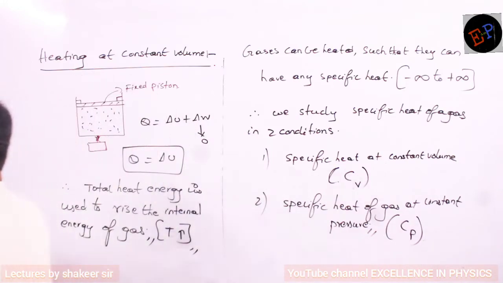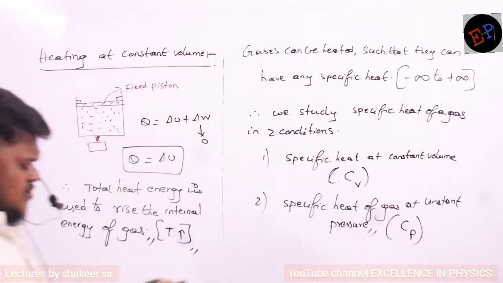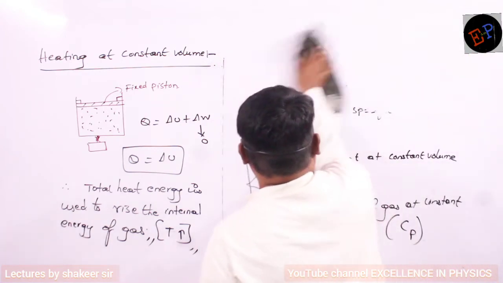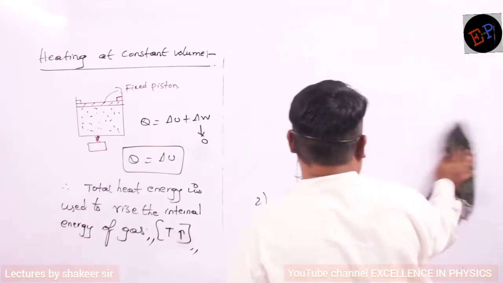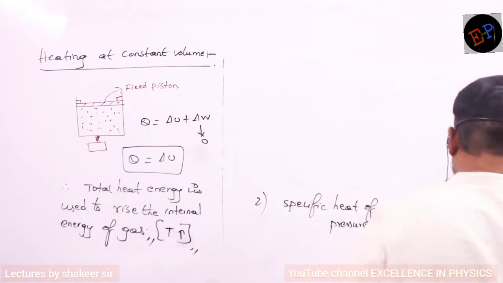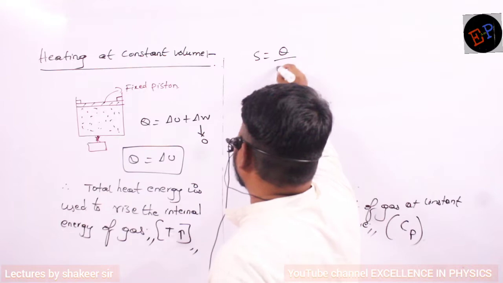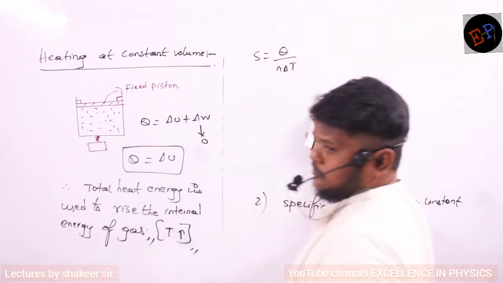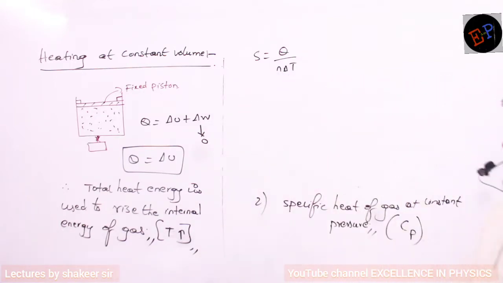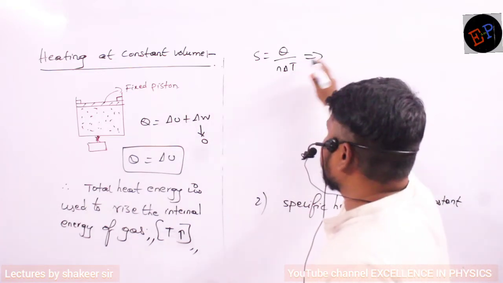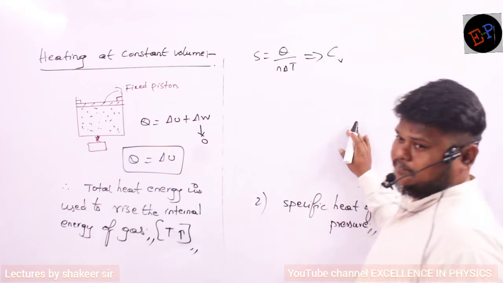Is it clear, ma? Now, let us go to the specific heat condition. See, ma, what is specific heat? S is equal to Q by n delta T, no? This is the equation of specific heat, the molar specific heat. So in the condition of constant volume, S can be written as CV.